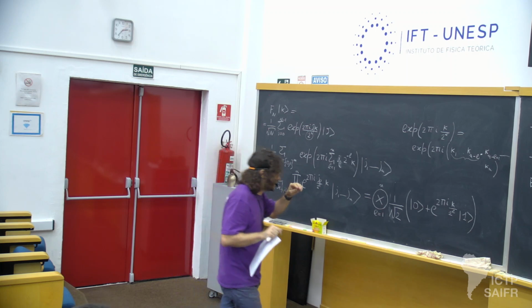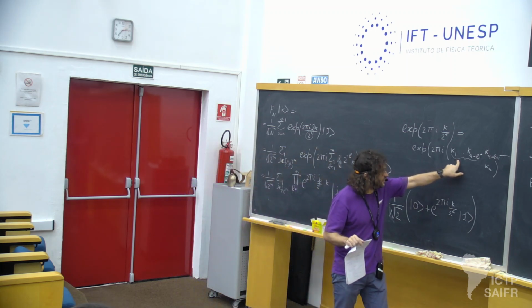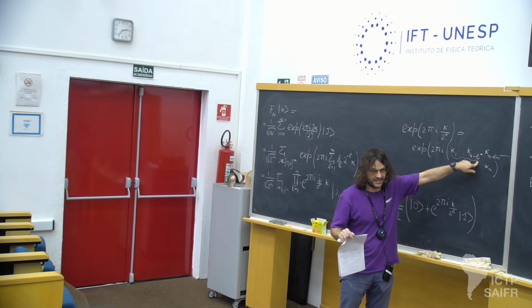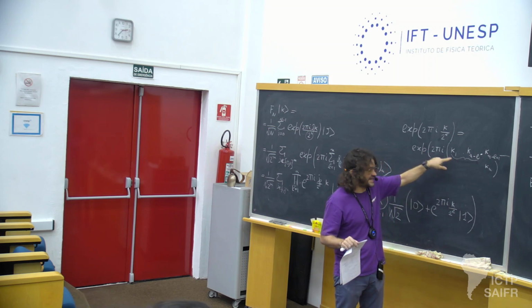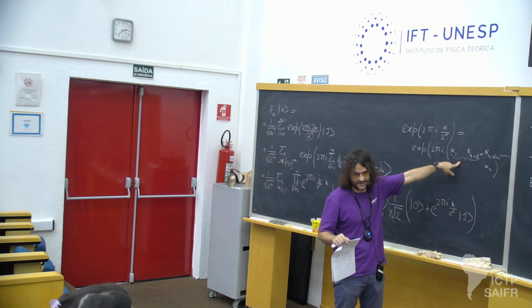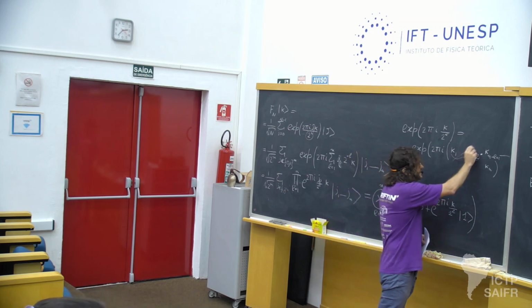Okay, so why is this nice? Well, because all these digits before the dot are part of an integer, right? So e to the 2 pi i times an integer is 1, so we can forget about this.